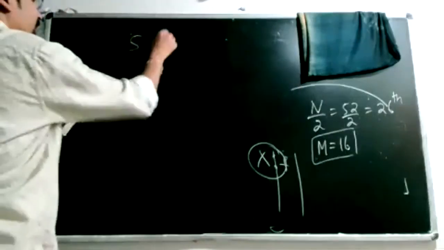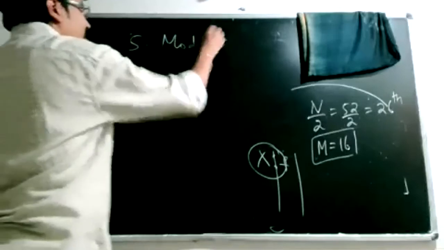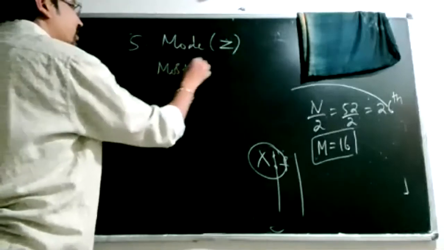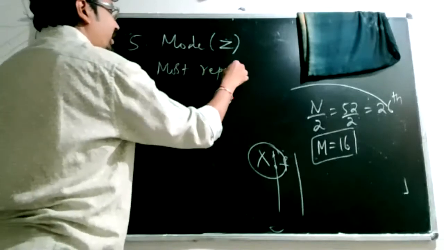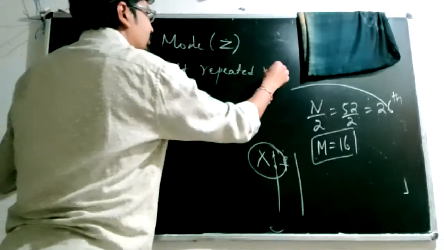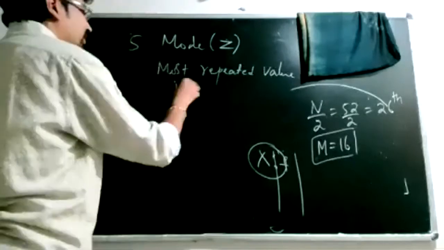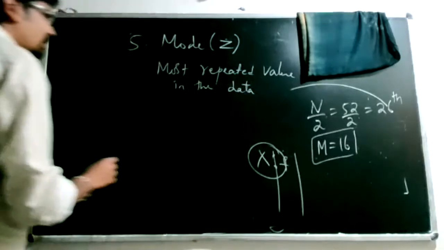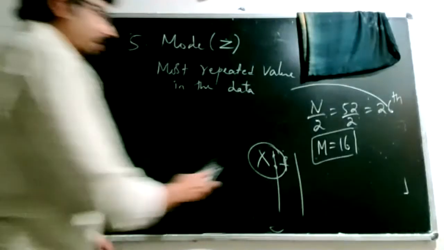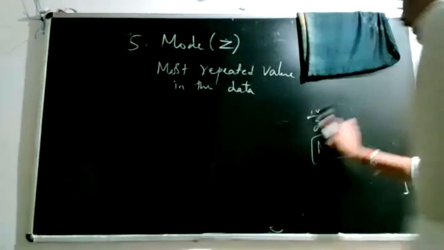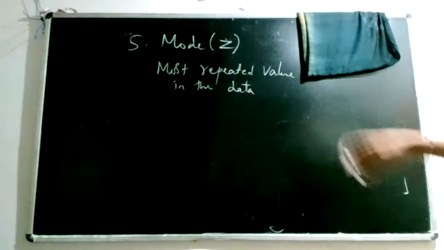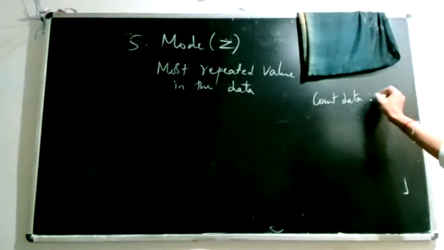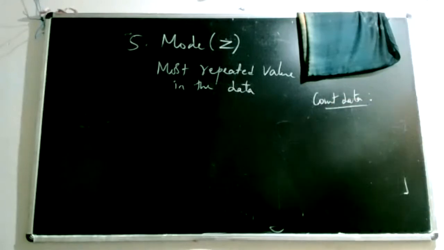The next measure is mode, denoted by Z, and it is simply defined as the most repeated value in the data. Now, when I talk about concentration, consider count data, where you are counting for a certain property and accumulating the sum.